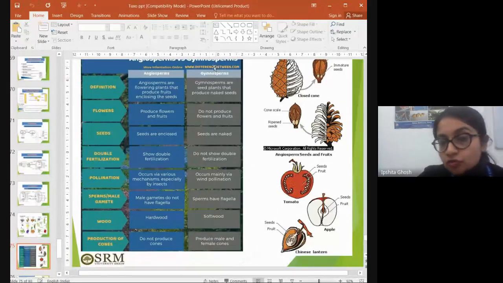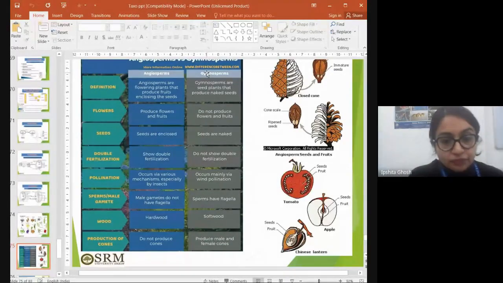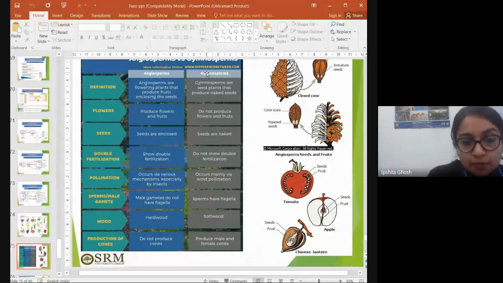But in gymnosperms, the pollination mostly takes place by wind. Then the male gametes in angiosperms do not have flagella, while in gymnosperms they might show the presence of flagella. In angiosperms we see the presence of hardwood, but in gymnosperms we see both hardwood as well as softwood. So softwood is a characteristic of gymnosperms, okay?